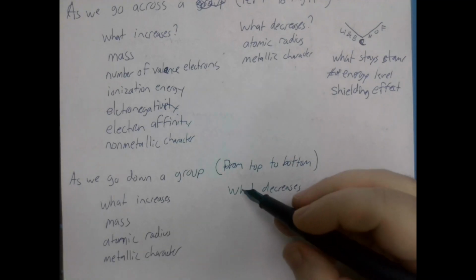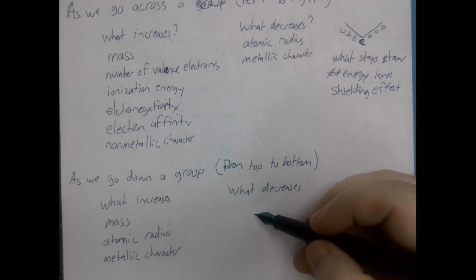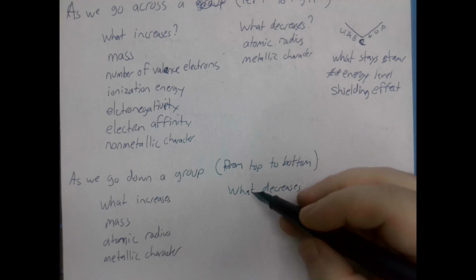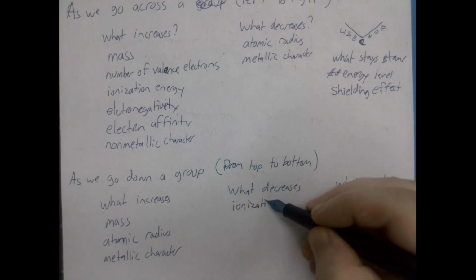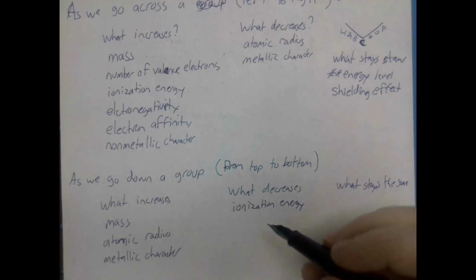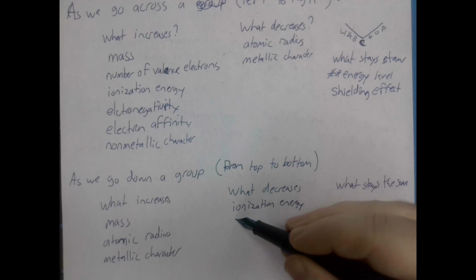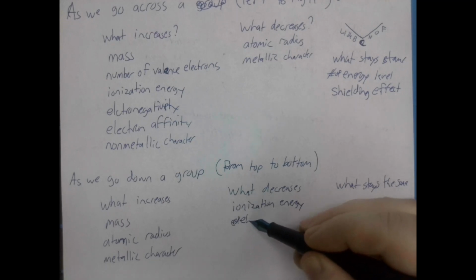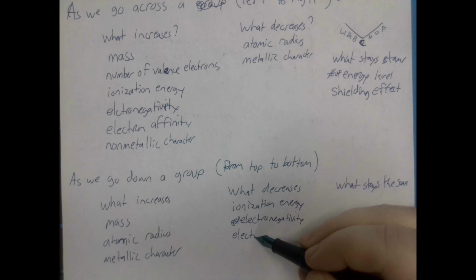What decreases? Ionization energy decreases as we go down, which equivalently is electronegativity. Our electronegativity is equivalent to electron affinity.